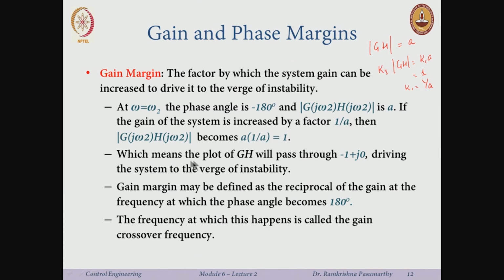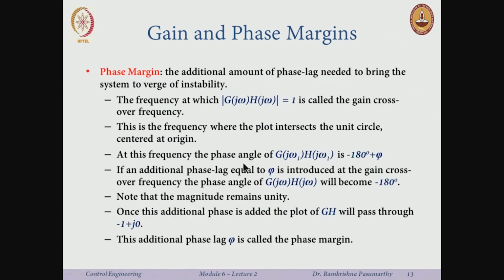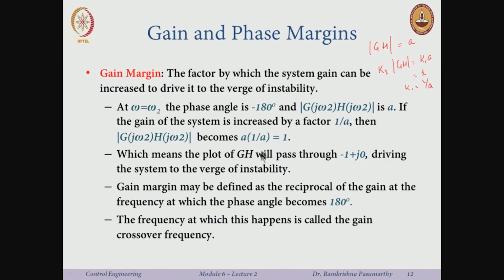This means that the plot of GH, I am being a little lazy and not writing the entire G(j omega) H(j omega), but that should be obvious, will pass through this point minus 1 plus j0, driving the system to the verge of instability.